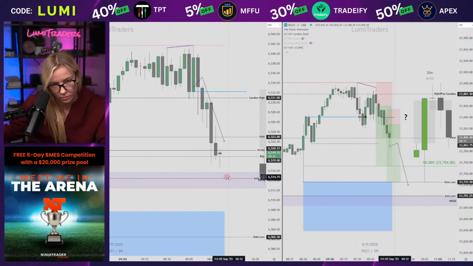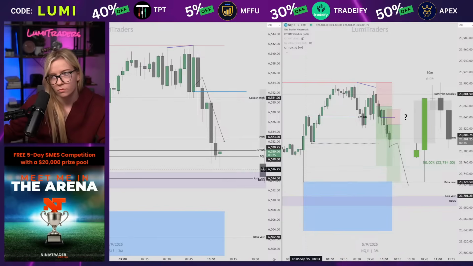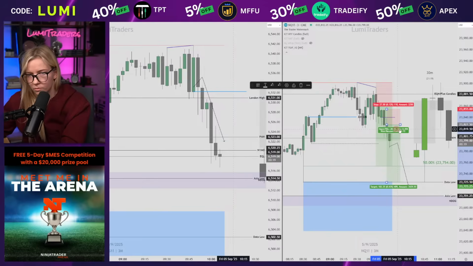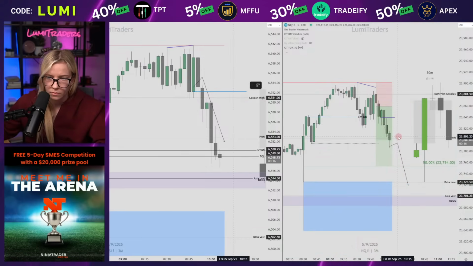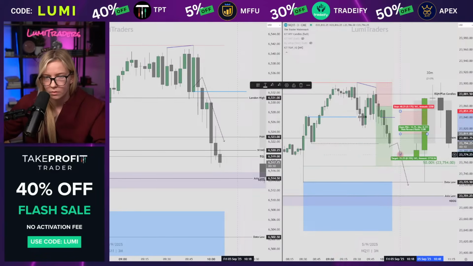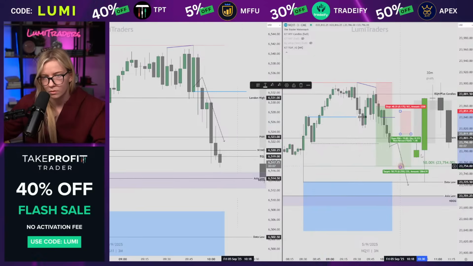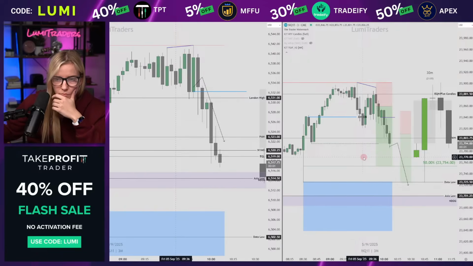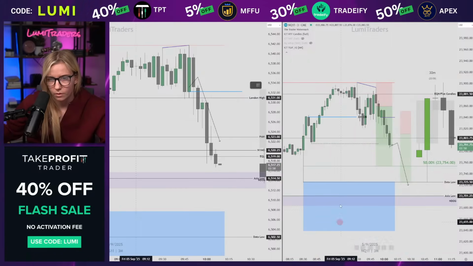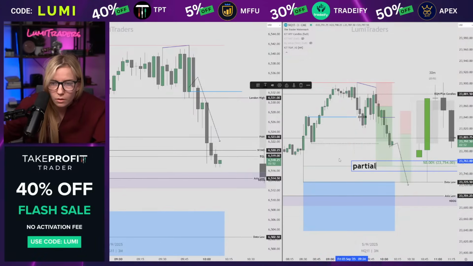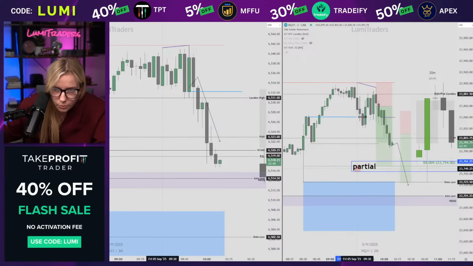Equal lows broken. Like at the break. And if ES displaces right now, I believe it doesn't need displacement to the new day opening gap right now.